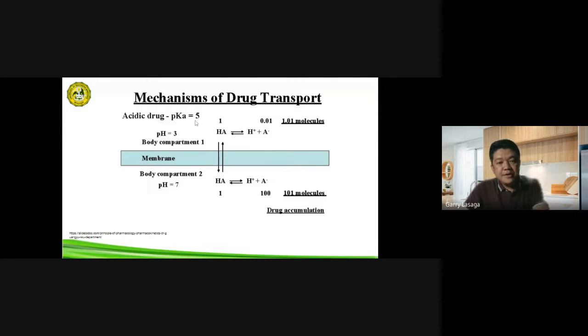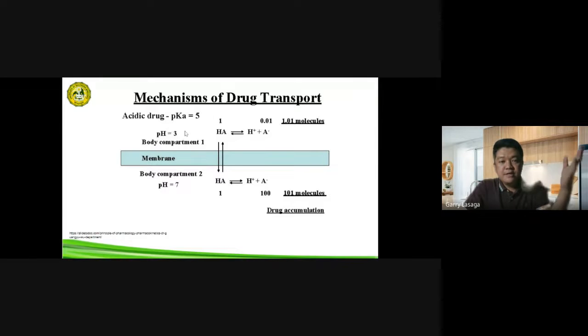So for example, when we place this particular acidic drug with a pKa of 5 at a pH of 4, the proportion of the ionized to unionized form will be 1 is to 0.1, meaning that there is a tenfold increase in the unionized form of the drug.